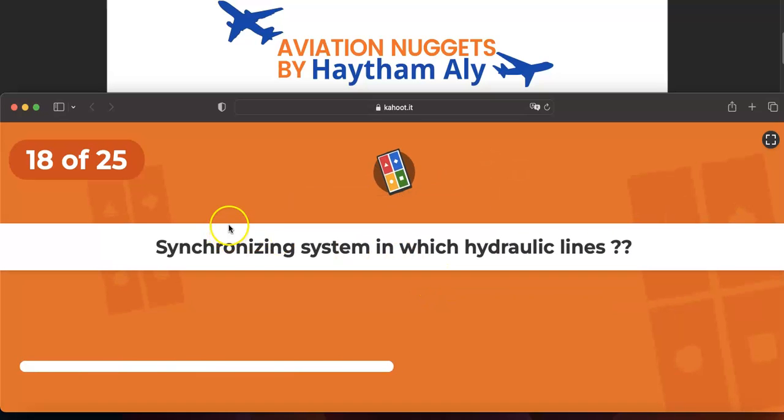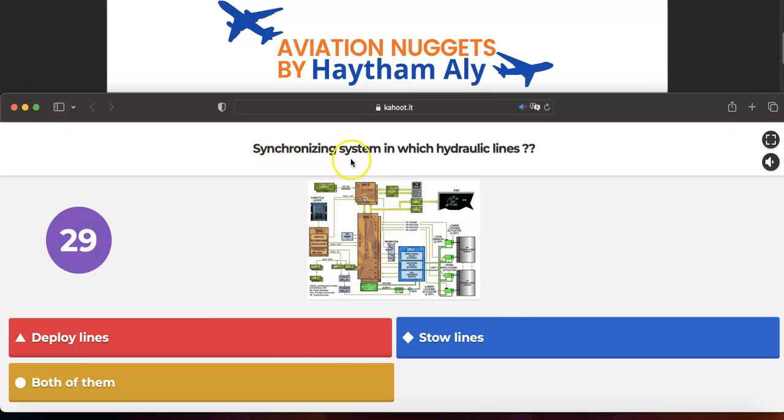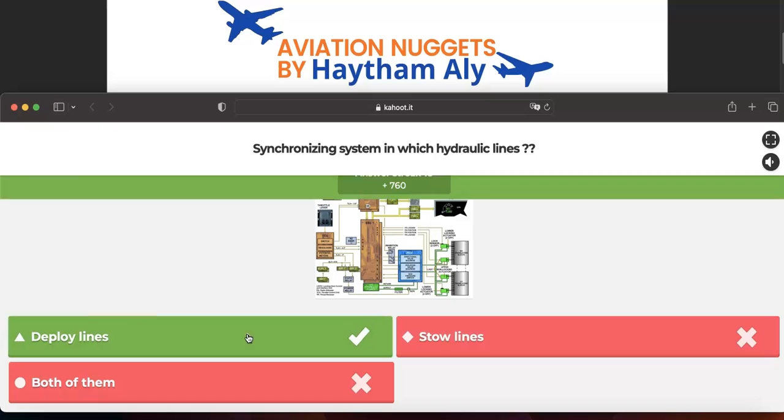Question 18 of 25. The synchronizing system is in which hydraulic lines? Deploy lines, stow lines, or both of them? The right answer is deploy lines.